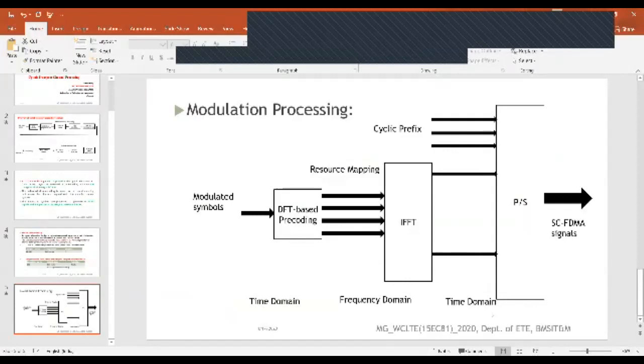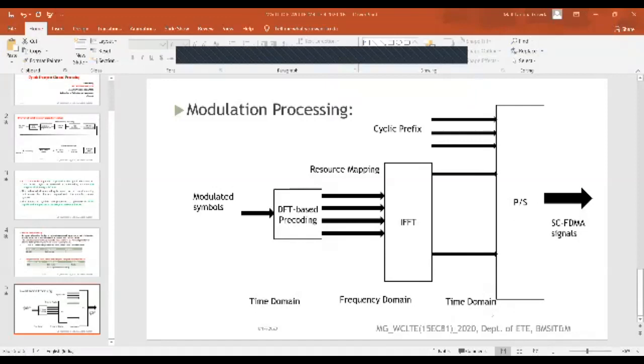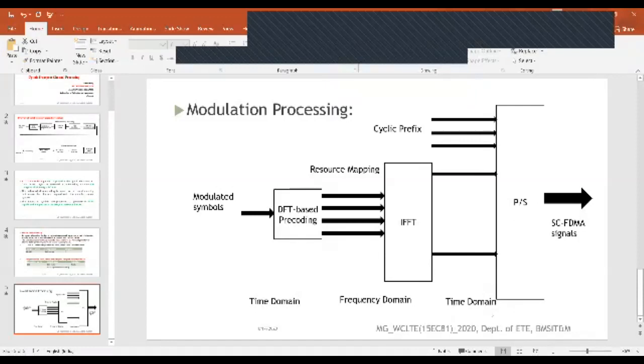Then if I take the IFFT, inverse fast Fourier transform, I convert it back to the time domain, which is applied to the parallel to serial converter along with the cyclic prefix, to get the SCFDMA signals. I think these things were already discussed long back, how I get the SCFDMA signal in detail. You can go back and see those slides also, so you will understand still better.